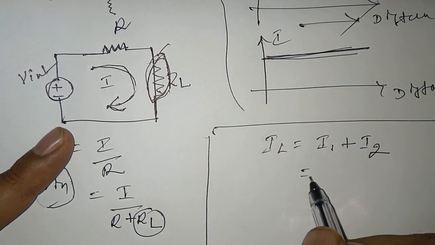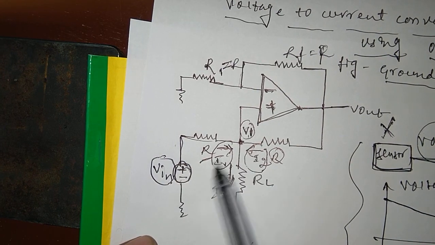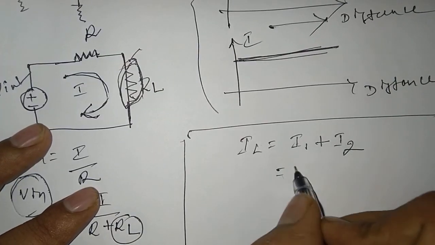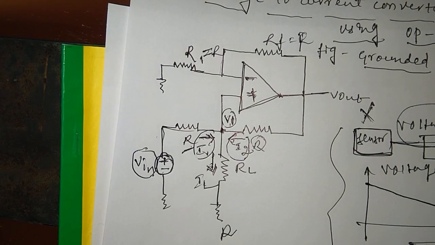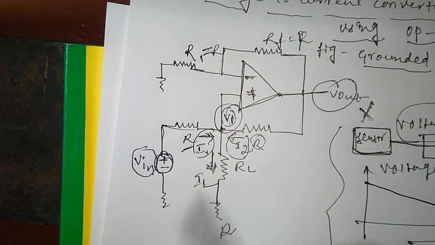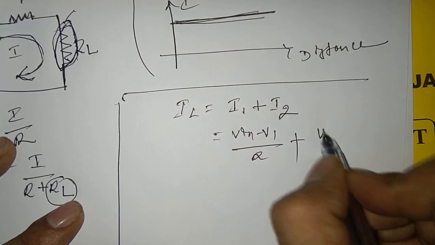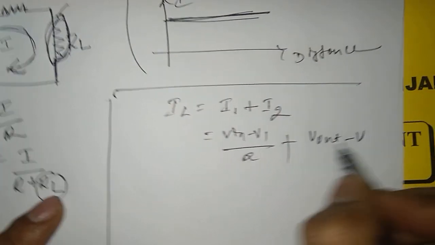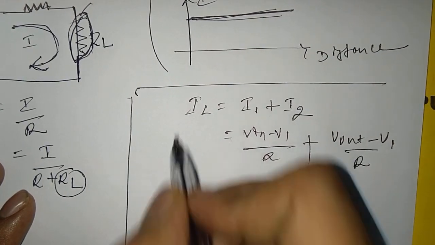So if I write it in equation form, I1 is equal to (V in minus V1) divided by R, and I2 is equal to (V out minus V1) divided by R. This R, not this R. So (V in minus V1) divided by R plus (V out minus V1) divided by R is equal to IL.